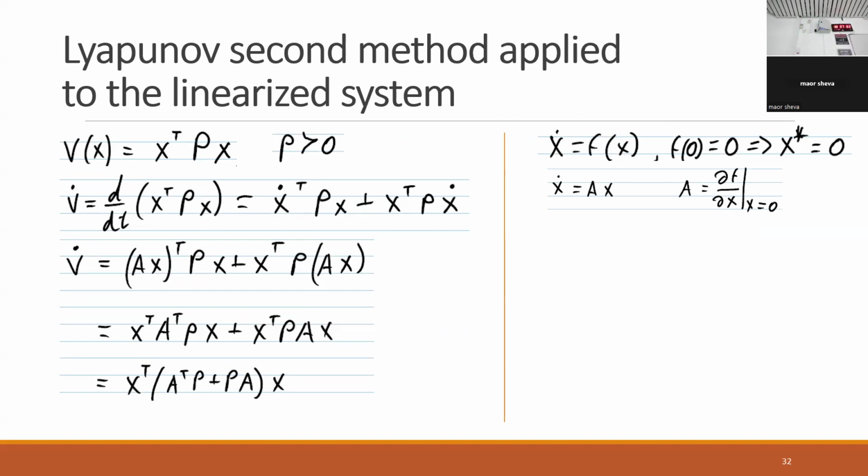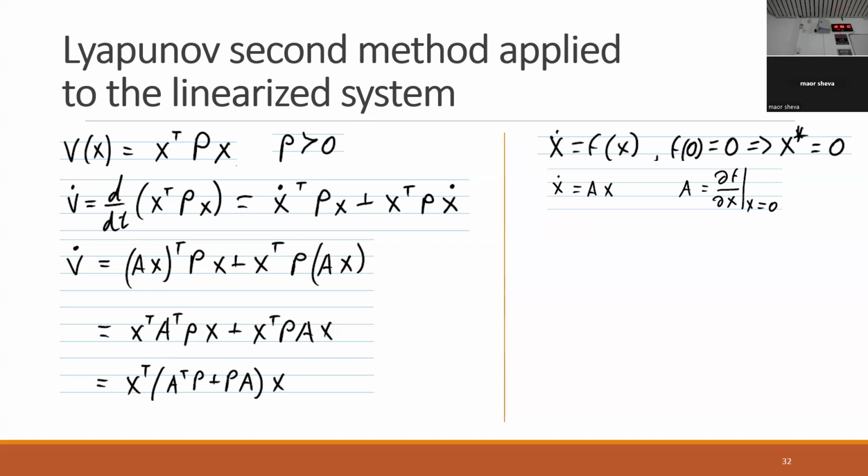So we have Ax transpose Px plus x transpose P times Ax. And if we open this, we get x transpose times A transpose, because we change the order and then put transpose on both. So it's x transpose A transpose P x plus x transpose PAx.